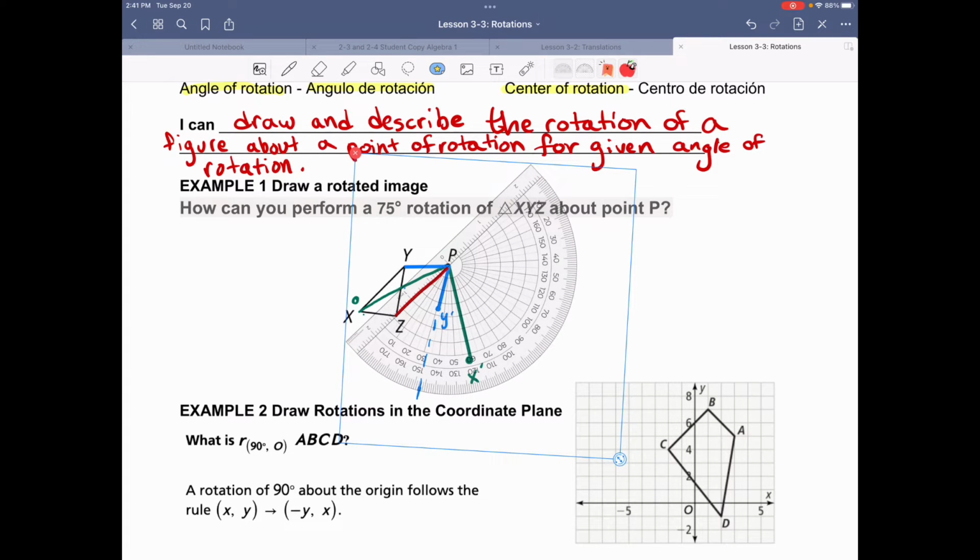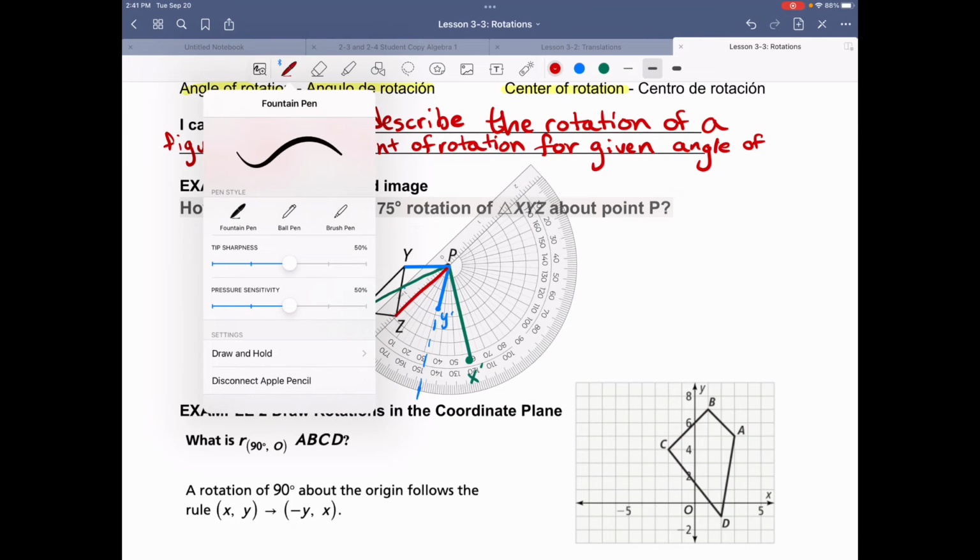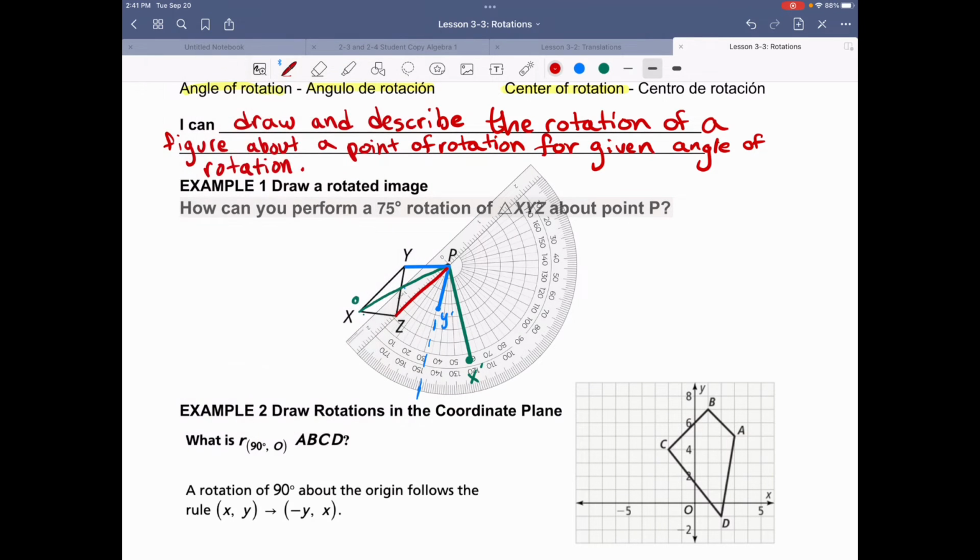Then I need to measure 75 degrees from Z. So Z is at 0, 10, 20, 30, 40, 50, 60, 75 is right here.